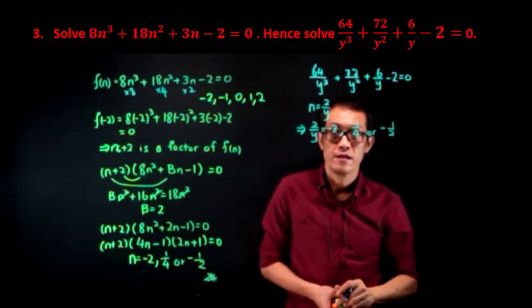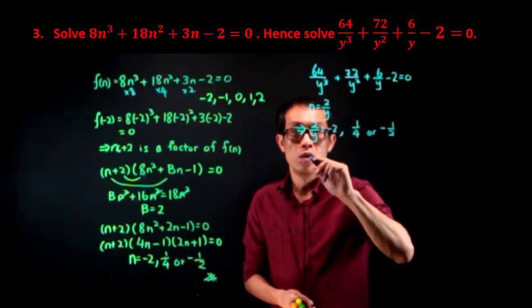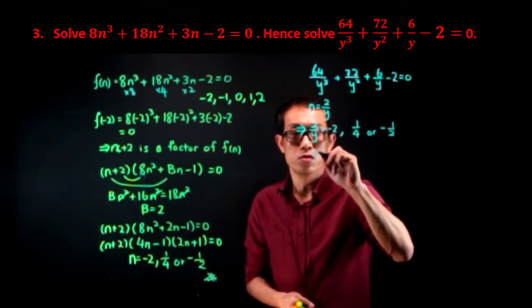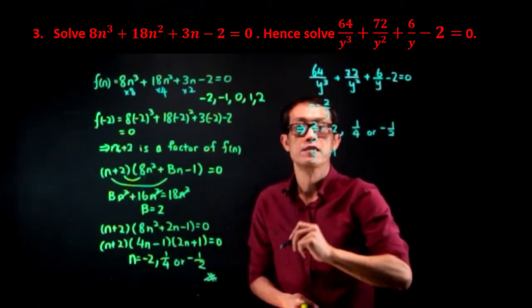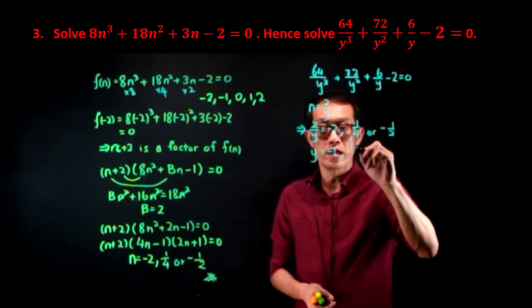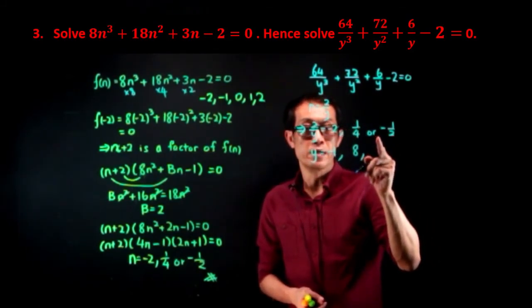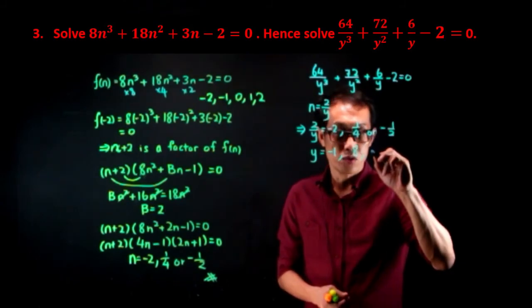Now you look at this one: you will get y equals minus 1. You get here y equals 8, and this one will be y equals minus 4.